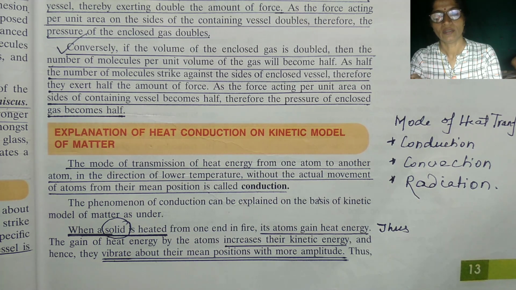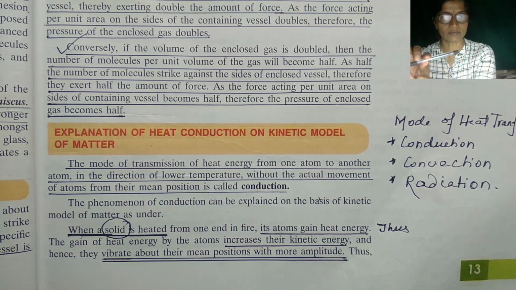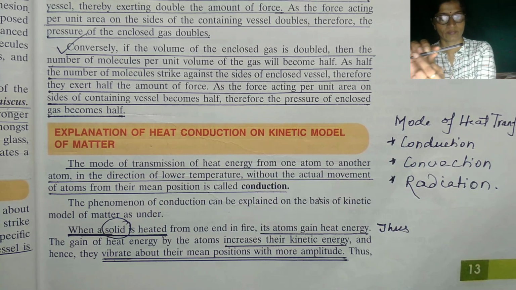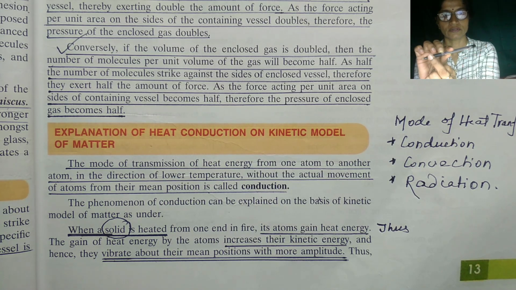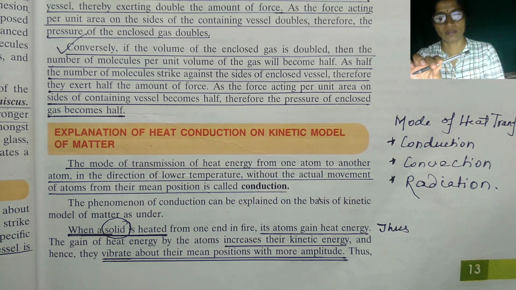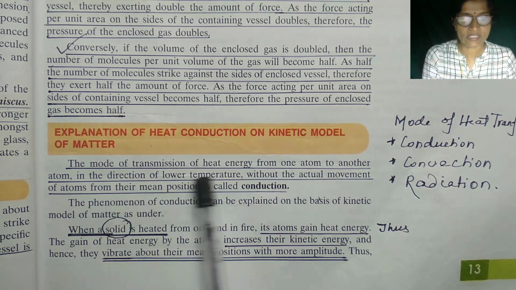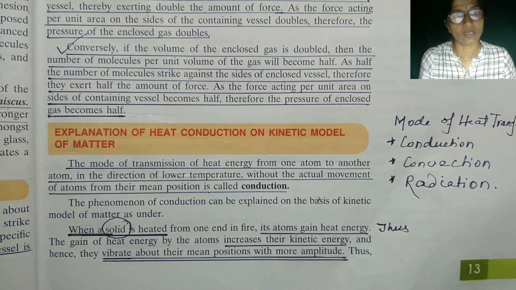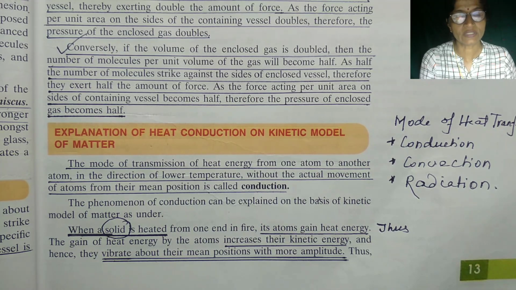Slowly the heat will transfer from one particle to another particle, and then this part also becomes heated. This part also becomes hot. So here heat is transferred, but the particles are not moving here. So that is conduction.